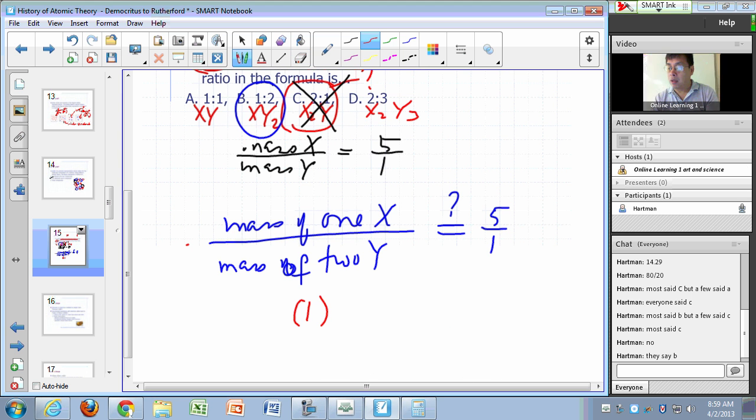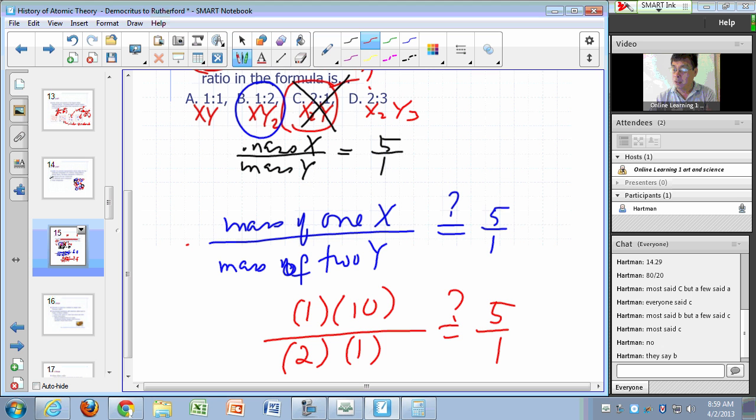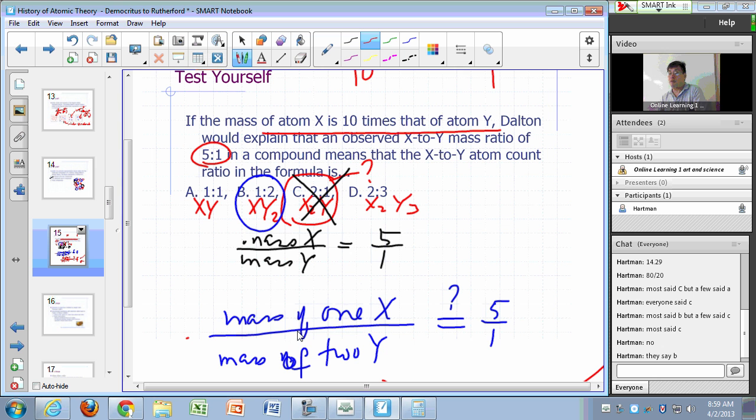Remember, X is 10, right? And Y is 1, so 2 Y's. Is that equal to 5:1? And the answer would be yes. So the correct answer here is we say that the formula of this compound is XY2. The count-to-count ratio of X atoms to Y atoms is 1:2. Okay? I think this is a good time to stop.